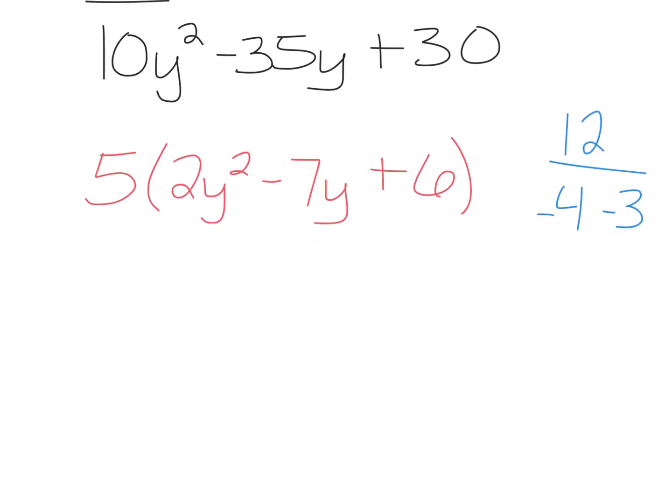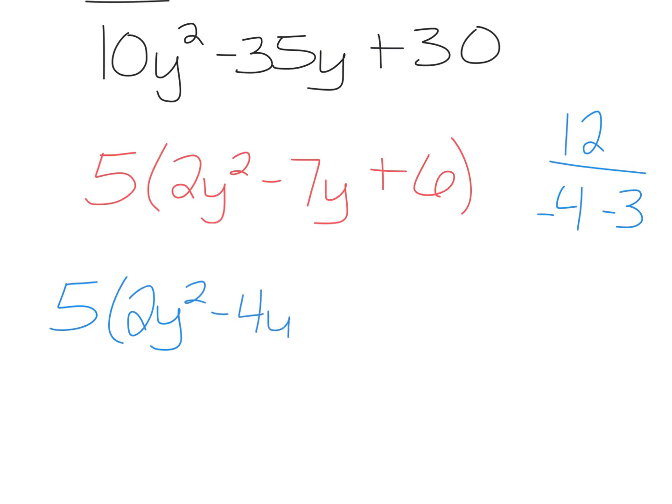What was our next step after that? What was the whole point of finding these? To replace our b term. Okay? Do I get rid of this 5 out here? No, keep it. So we have 5 times, I'm going to keep my a, 2y squared. What do I do next?